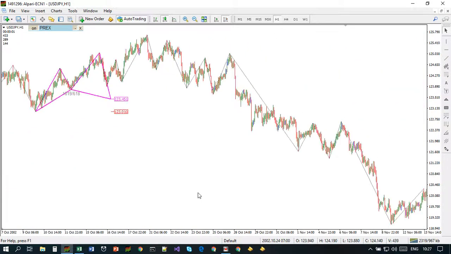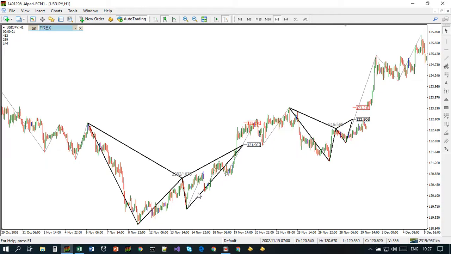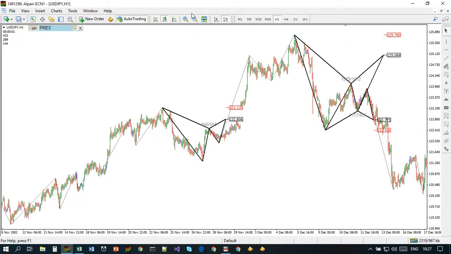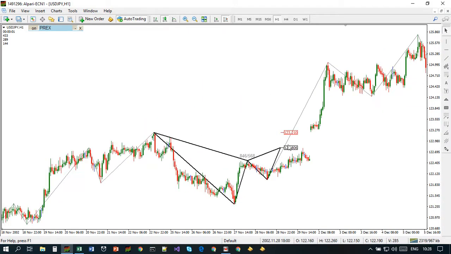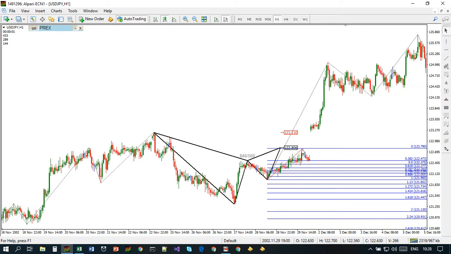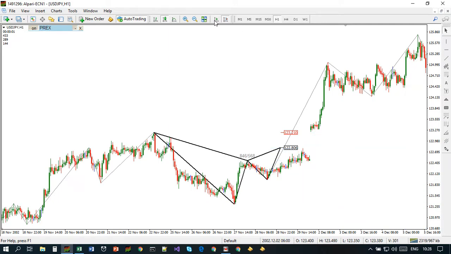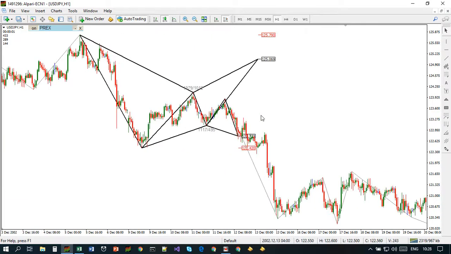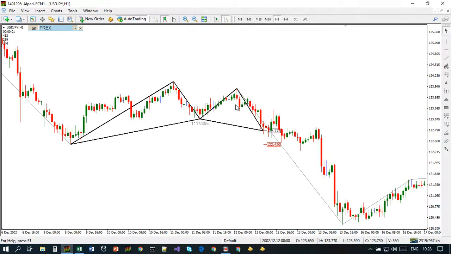Going next, Cipher, nothing here. Broken C to D leg. It gapped higher. It gapped through. Nothing here. This pattern, let us examine it.